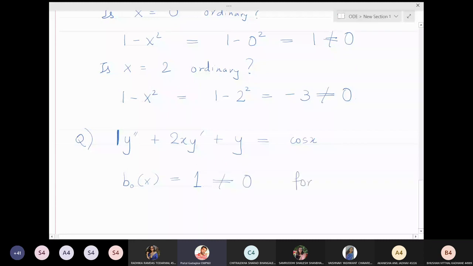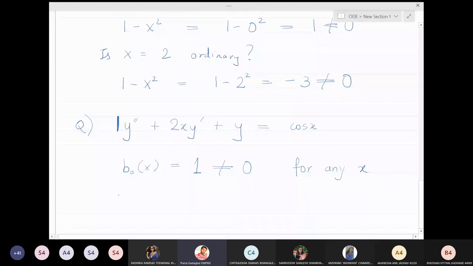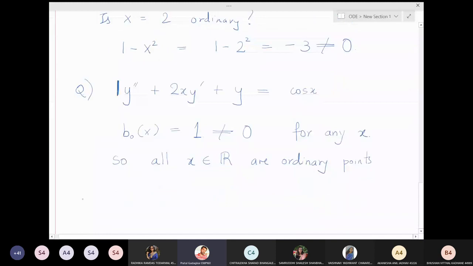So all the points of the real line, all x, are ordinary points, because it is never equal to 0.